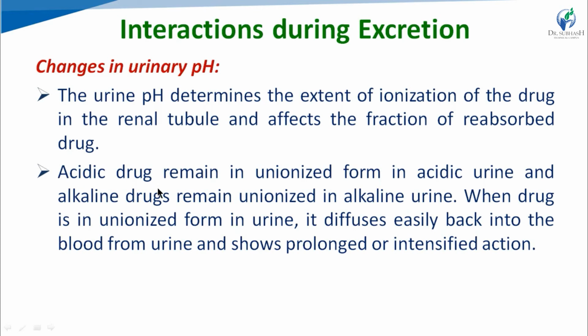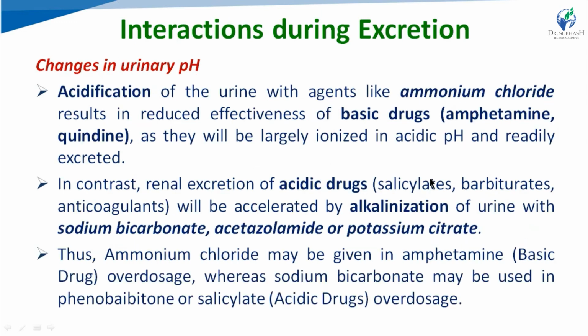See, यहाँ पे acidic drugs remain in unionized form in acidic urine. Acidic drug will remain as it is, or we can say it will remain unionized in acidic urine, whereas alkaline drugs will remain unionized in alkaline urine.